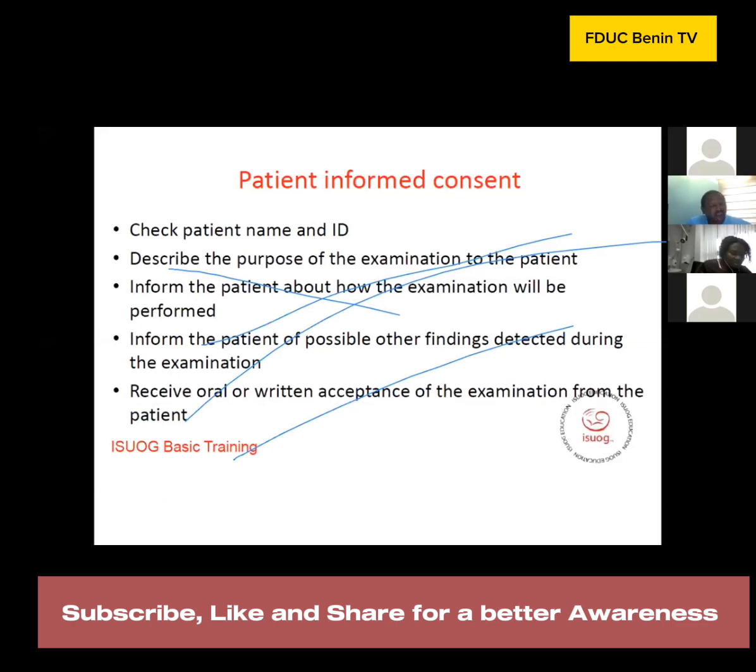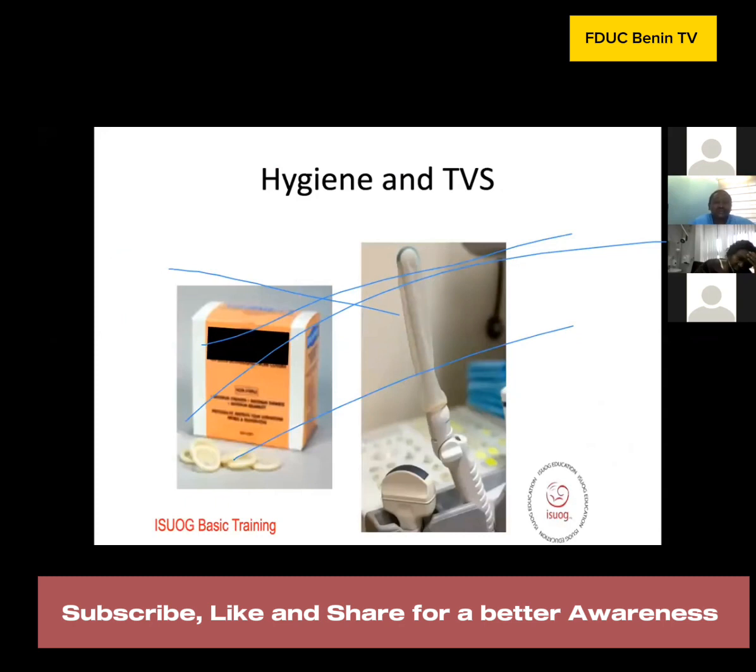It is recommended that at least 2 of these identifiers be inputted into the ultrasound scan machine to enable image archiving. Allay the fears of the patient by describing the purpose of the examination and then explain how the examination will be performed. Never forget to get an acceptance to perform the procedure from the patient.